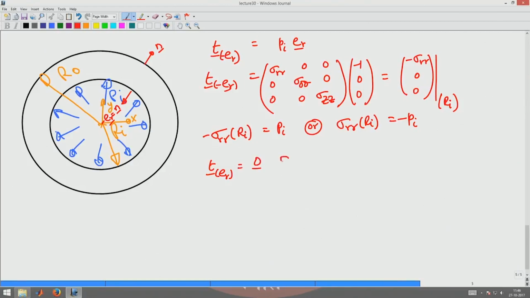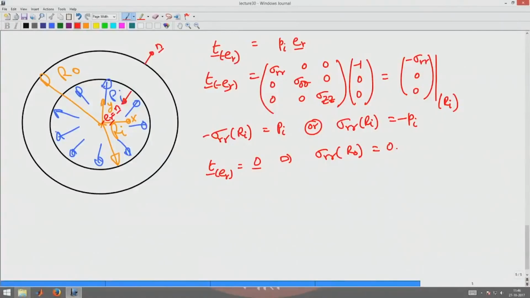So, this will imply that sigma RR at r naught is equal to 0. Okay. Alternatively I could have applied a pressure at the outer surface, in which case whatever pressure I apply at the outer surface should come in here. But for the example problem here I am assuming it to be 0. Okay. So, these are the two boundary conditions that I have to now enforce.